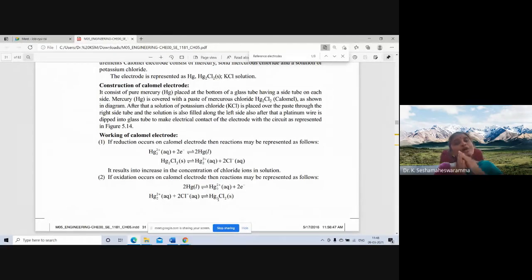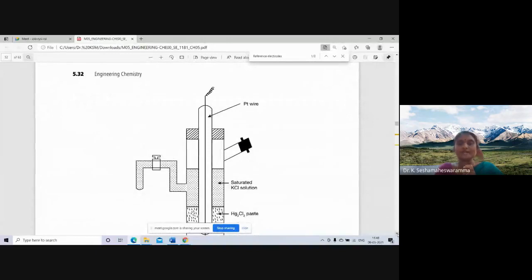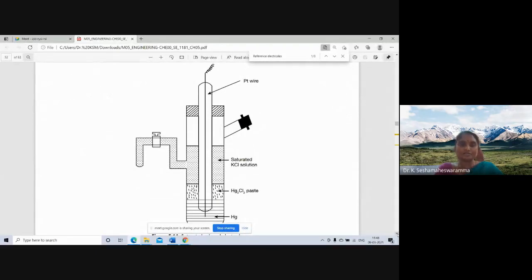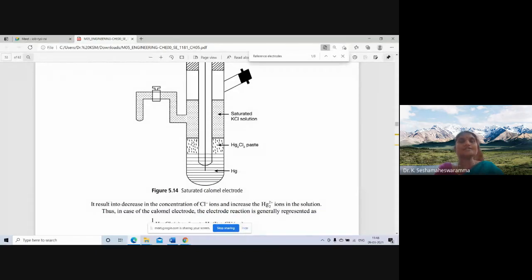So, both the oxidation and reduction occur here in total. So, this is the standard calomel electrode. They result in a decrease in the concentration of chloride ions and an increase in the mercurous ions in the solution.